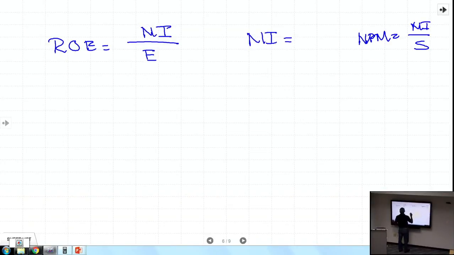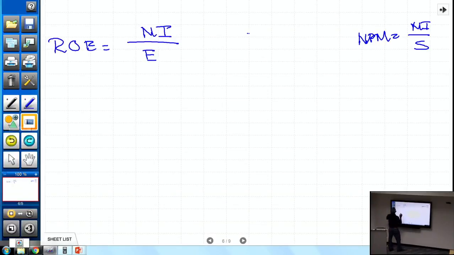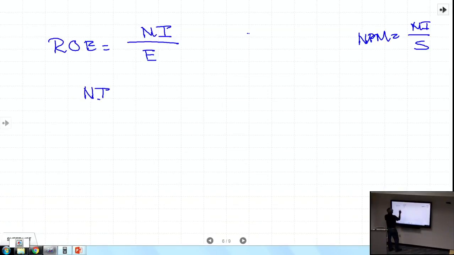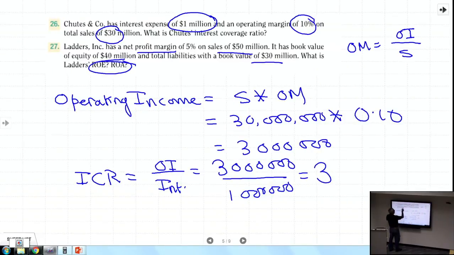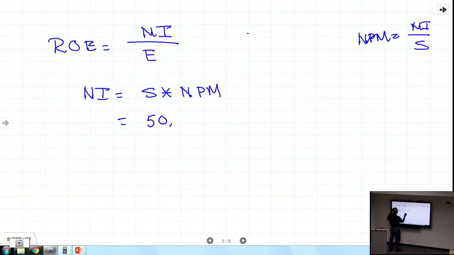So net income is going to be sales times net profit margin. Sales is given as 50 million and net profit margin is 5%. So from this we get net income as 2.5 million.